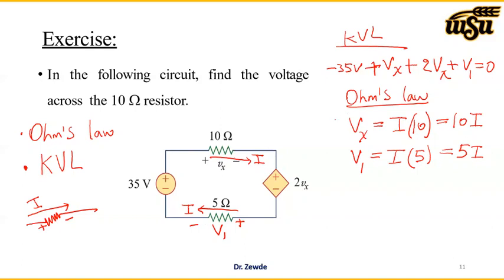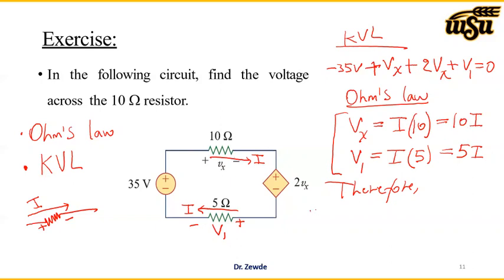From this, now we have the relation between Vx and I. So what we need is to substitute these two expressions in the KVL equation.